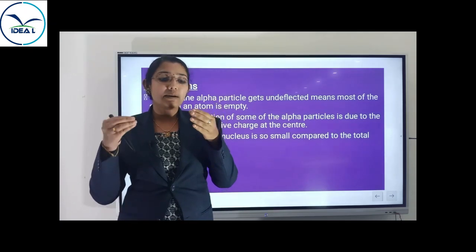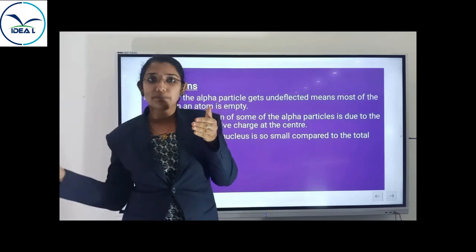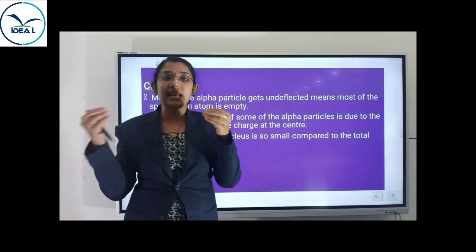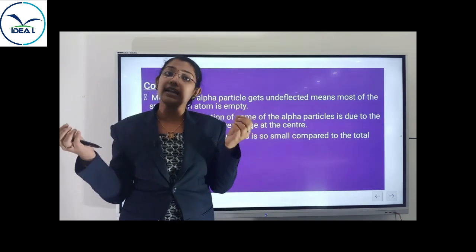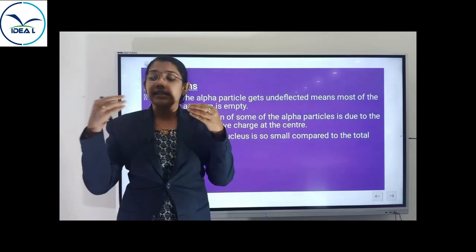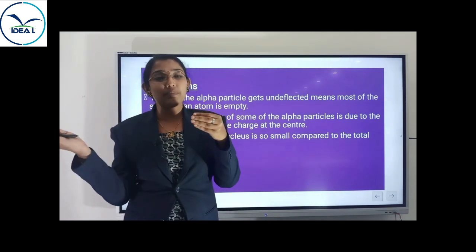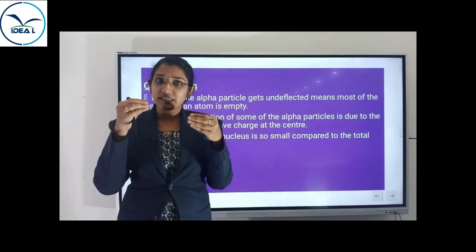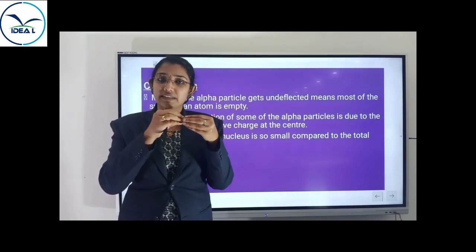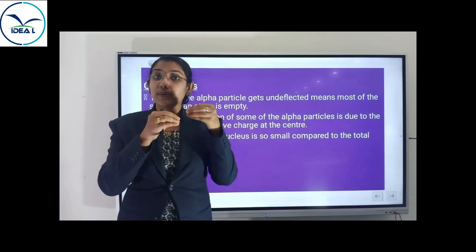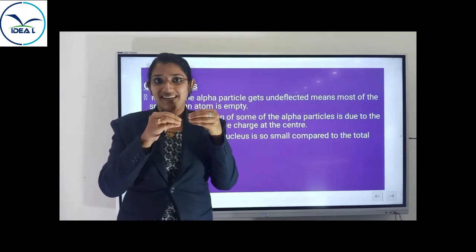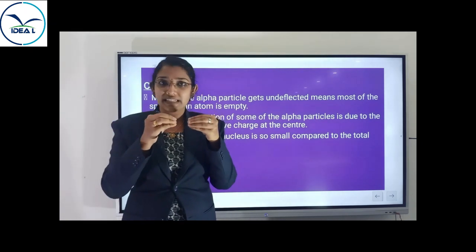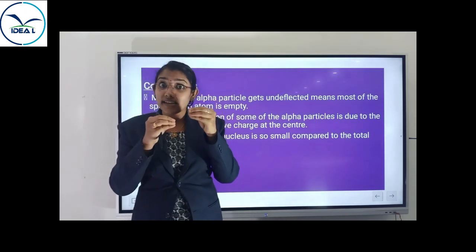Some of the alpha particles get deflected back, which means that repulsion takes place. We know that like charges repel each other and unlike charges attract each other. The alpha particle deflected back means it repels, which means the alpha particle is a positively charged particle and so is whatever deflects it. So there is a positively charged particle located inside the atom.